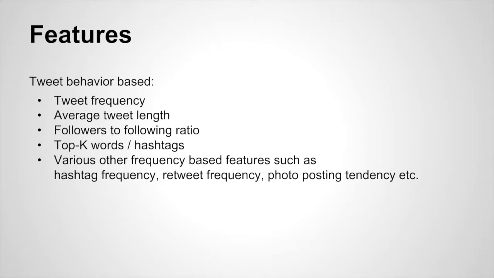These features are tweet frequency, length of the tweet, followers to following ratio, the top K words and top K hashtags for each class. Then there were other frequency based features such as hashtag frequency, retweet frequency, photo posting tendency, link posting tendency. So we have used all these kinds of features which were used by previous works as well.